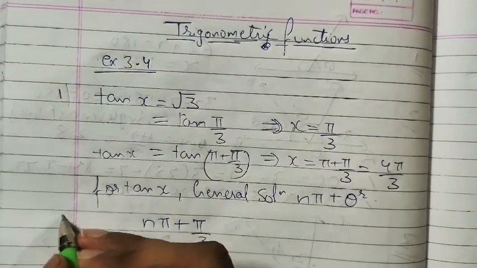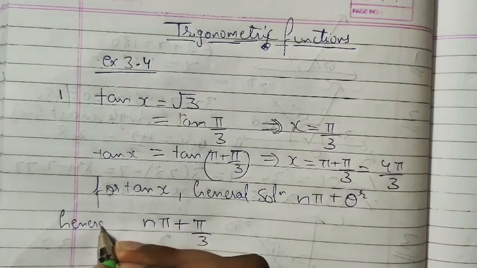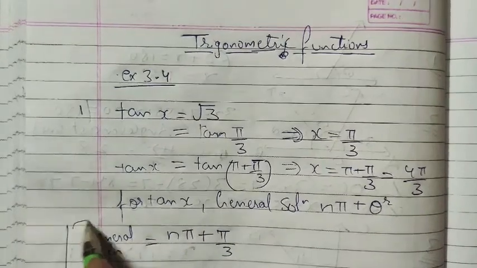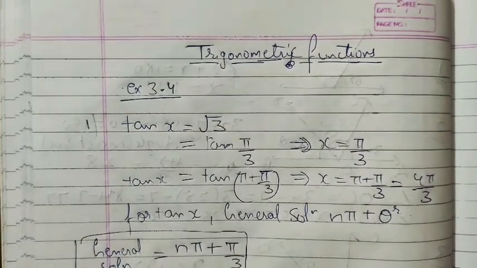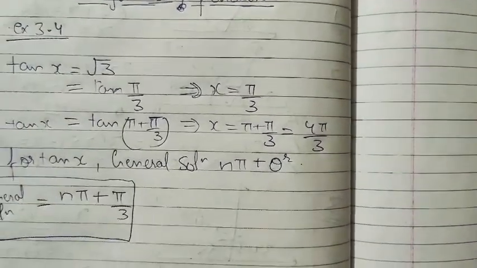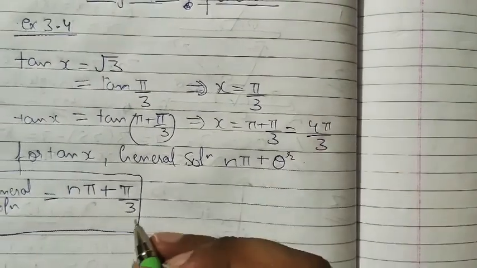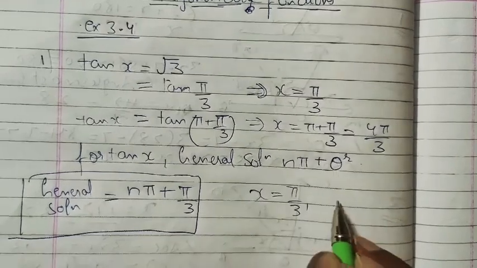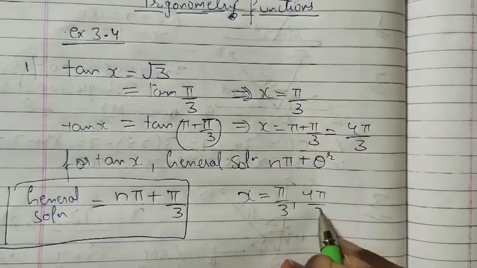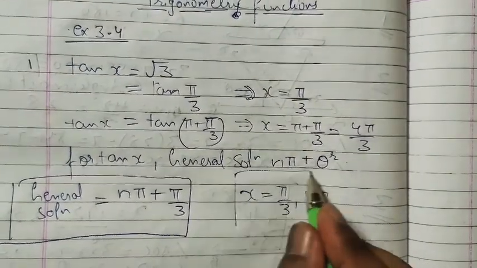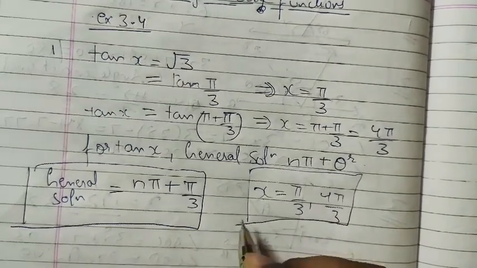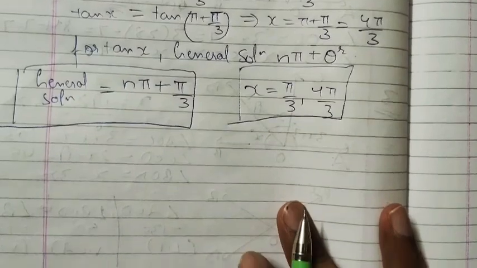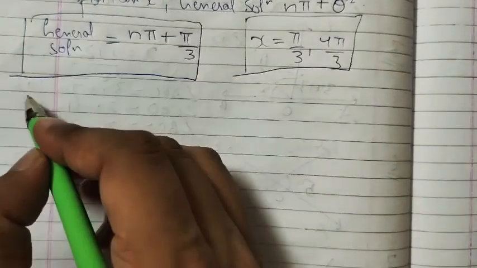So this is general solution, right? So general solution is this one and principal solution is this one. Principal solution, x is equal to pi by 3 comma 4 pi by 3. So this is principal solution, right? So general solution and principal solution. Let's move on to next question, question number second.